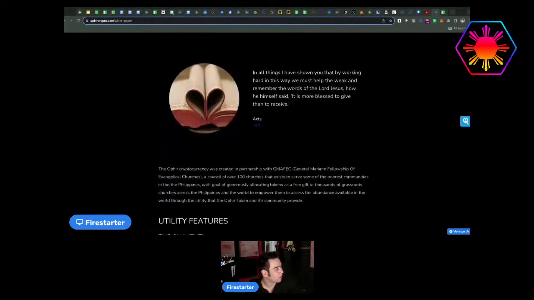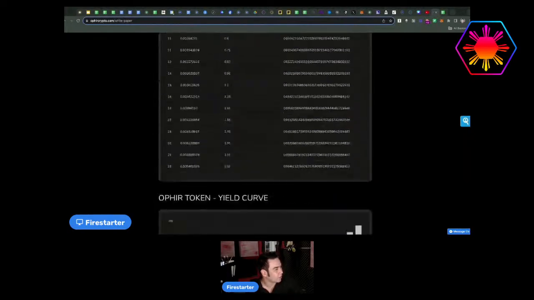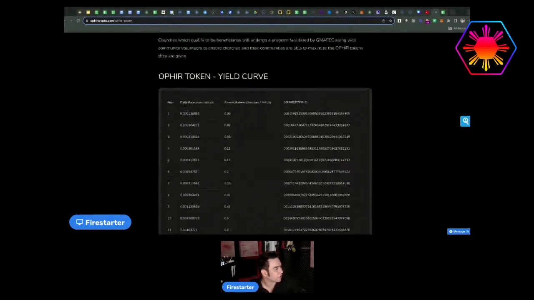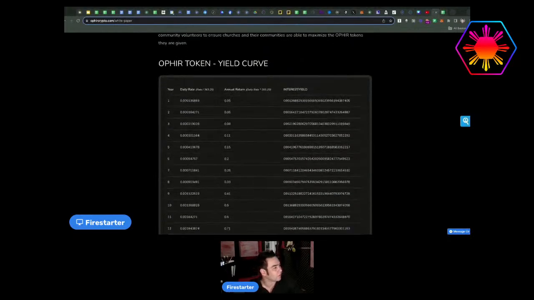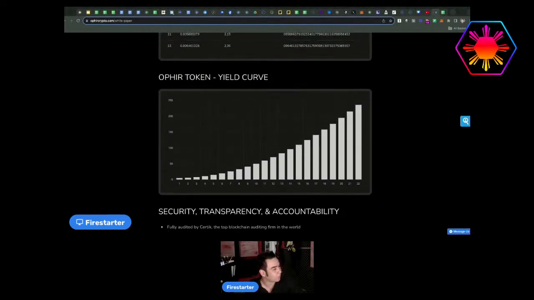So if you scroll down to the graphs, here we go. These two sections here. This is where it explains the yield curve. So for those of you following on TikTok, what I'm showing here is the 22-year yield curve. So the maximum staking length, the longest time that you can stake your Ophir crypto, is for 22 years.